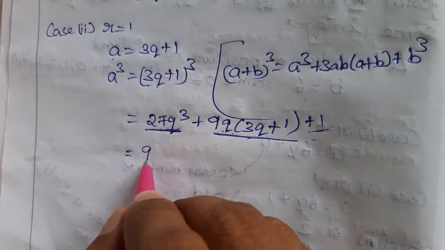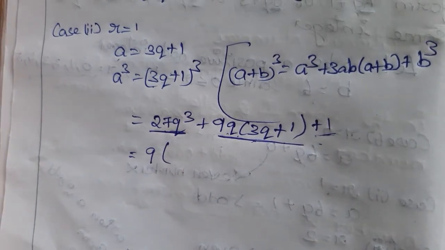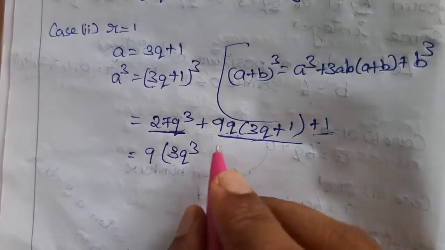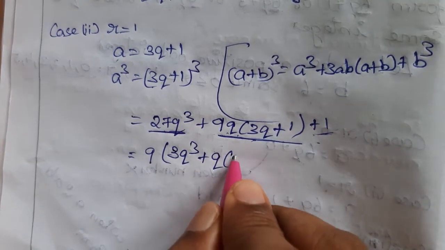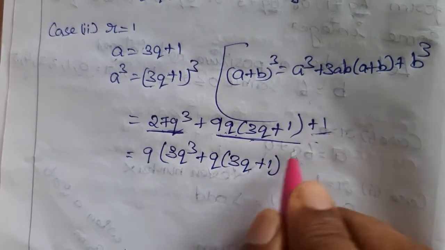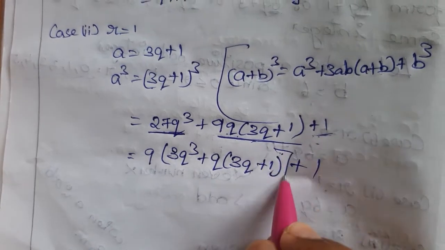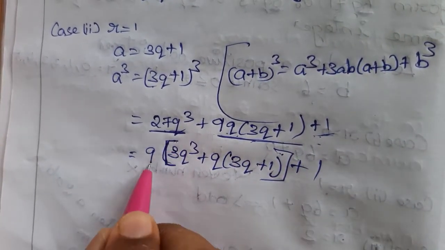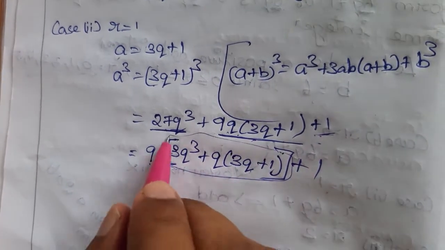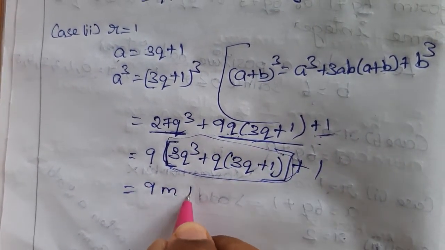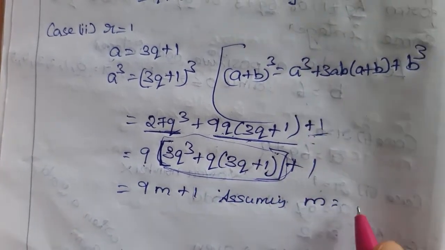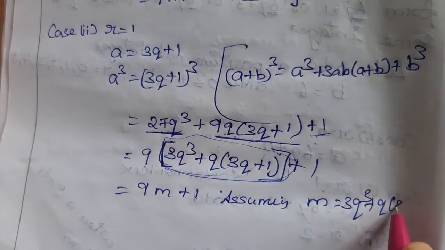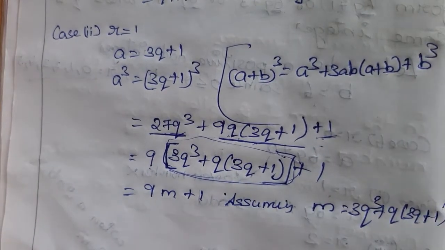So by the distributive property I write it as 9 into 3q cube plus q into 3q plus 1, and plus 1. So 9 multiples of something plus 1, which can be any integer. So I write this as 9m plus 1, assuming m is equal to 3q cube plus q into 3q plus 1. It is in the form of 9m plus 1.